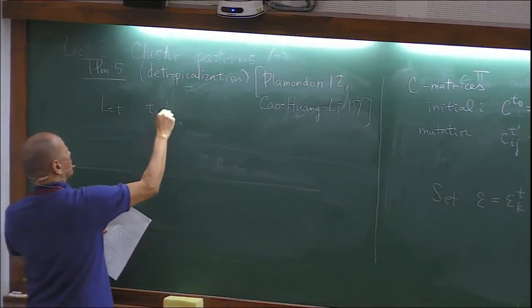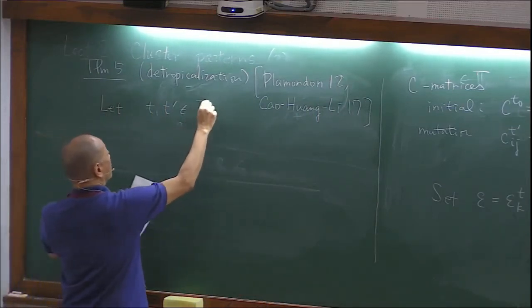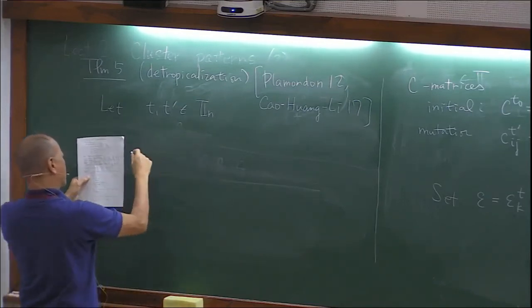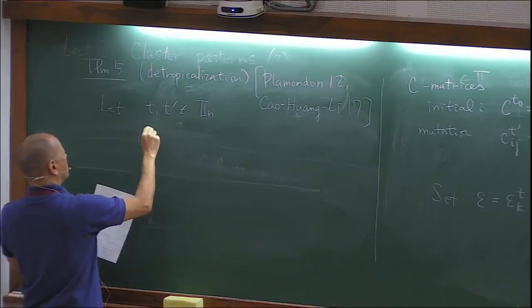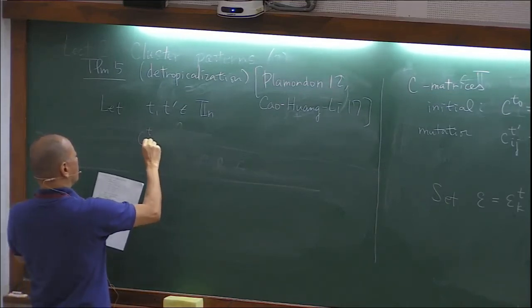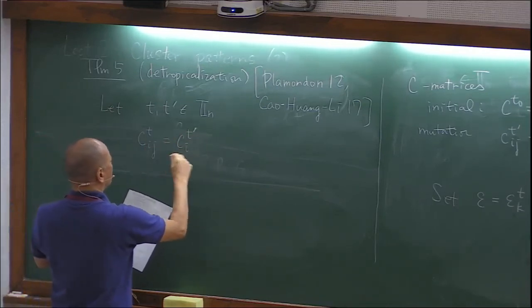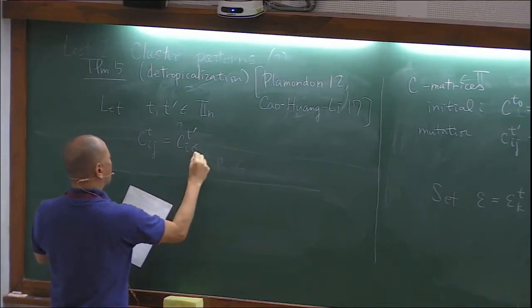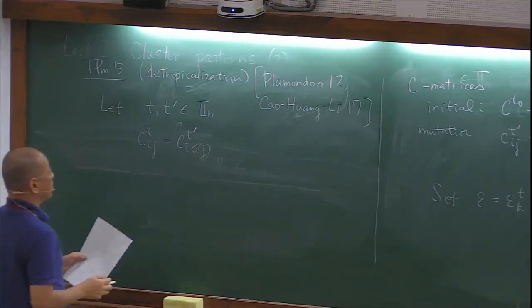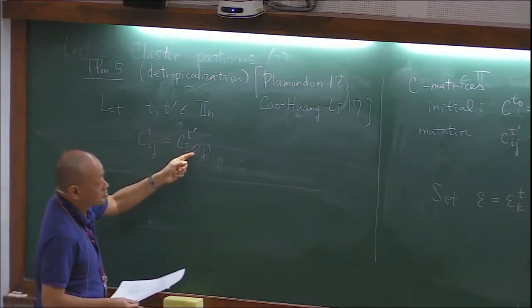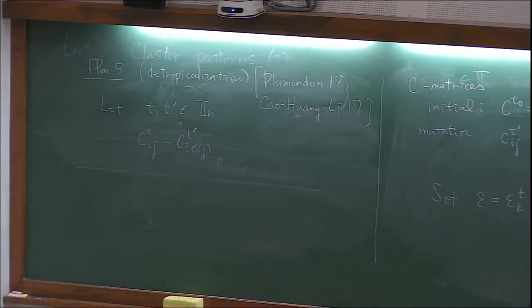Suppose we have two points t and t' in the regular n-tree, and suppose that your C-matrices at t and t' are related by some permutation sigma of 1 to n in the following way. So it is a counterpart of the action of sigma for the C-matrix, because it is similar to this one.